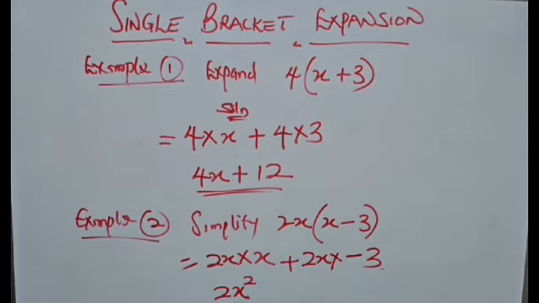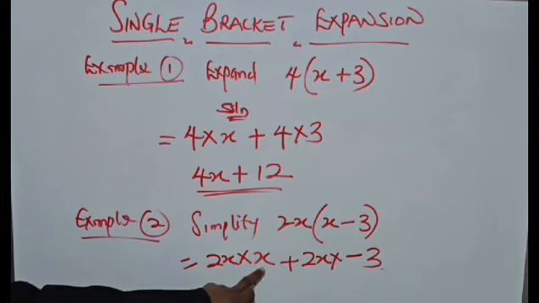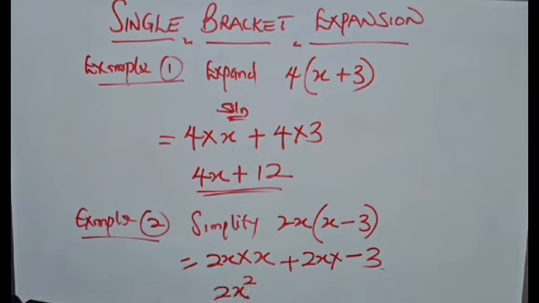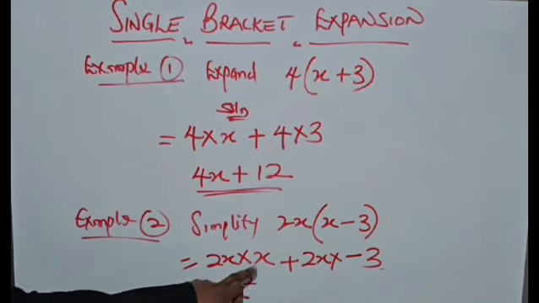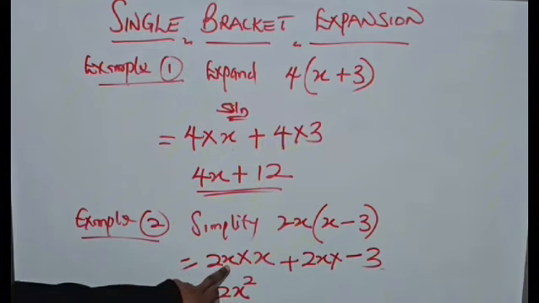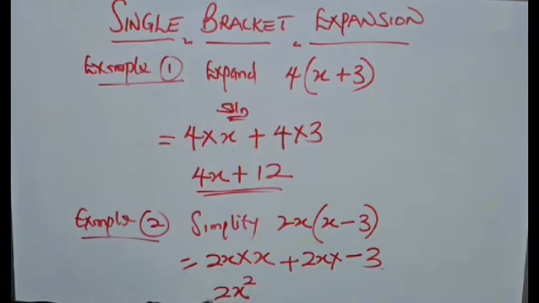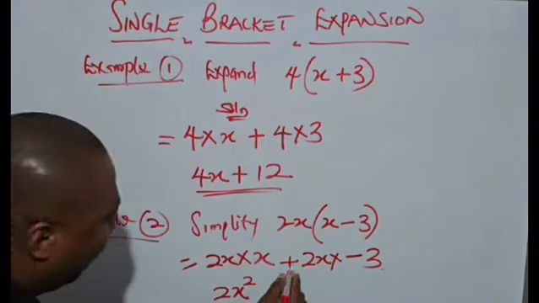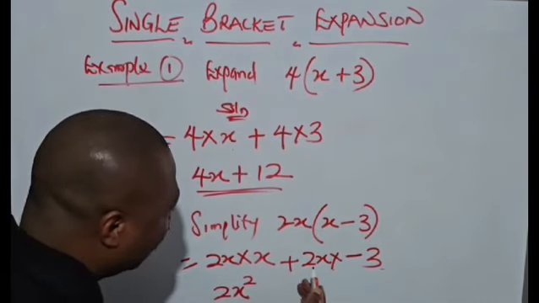Remember, in our last class, I said s times s is s raised to the power 2, and s times s times s times s is s raised to the power 4. It all depends. Here we are having s times s. S times s does not mean 2s. It means s squared. And this is the 2. s multiplied by s is s squared. The 2 is here. Now we are having plus 2s.